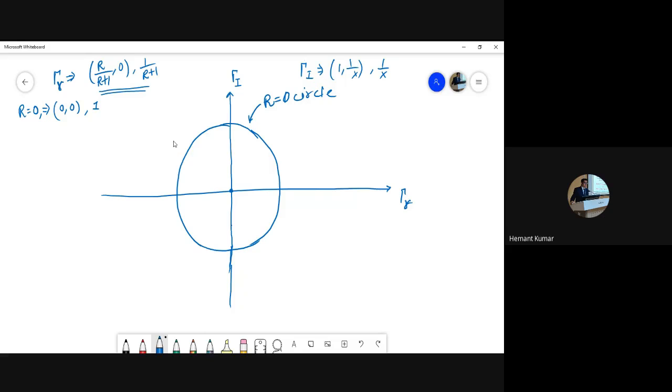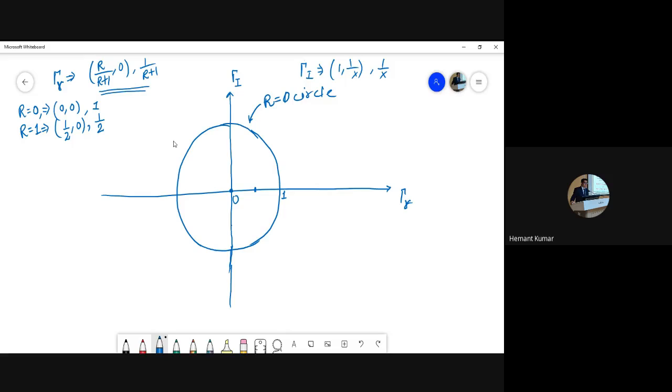Now we will plot the R is equal to 1 circle. If you put R is equal to 1, the center will become 1 by 2 comma 0, and the radius will become 1 by 2. So 1 by 2 will be here, because this is 1, this is 0.